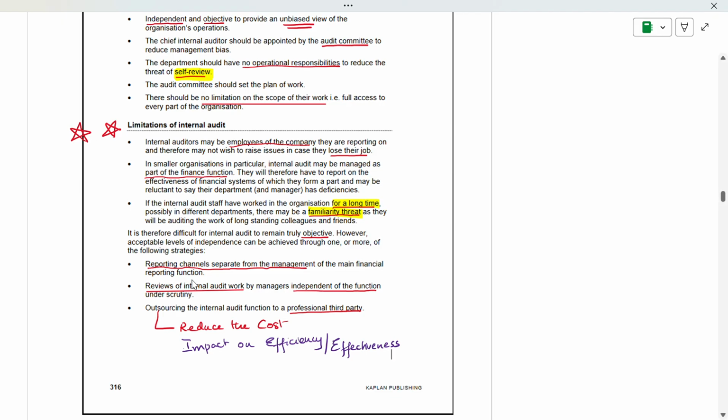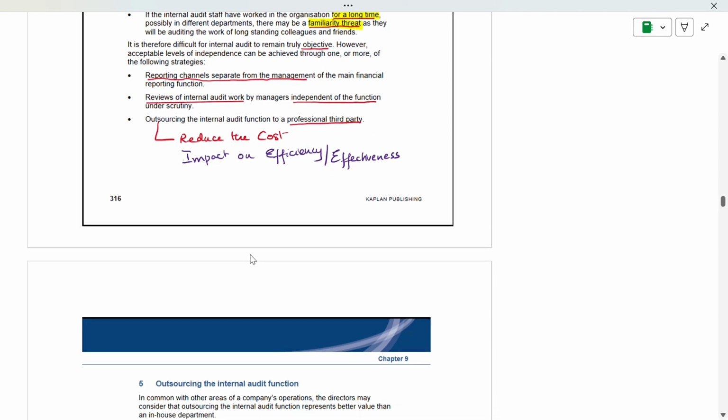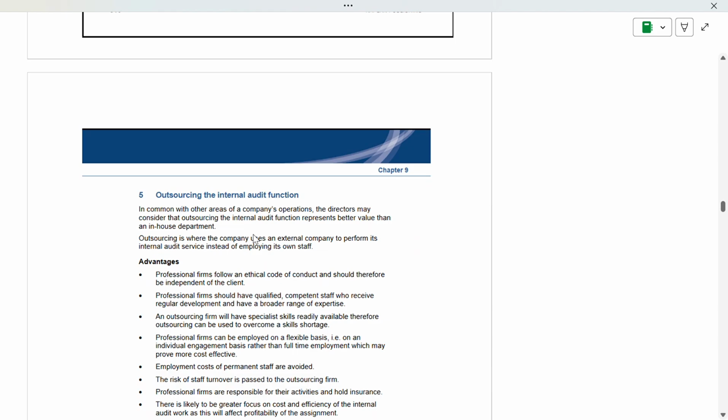See, I'm telling you, it is a very simple, very, very easy concept. If somebody says it's difficult, it's only when you outsource it. In common with other countries, company directors may consider outsourcing the internal audit. Again, outsourcing advantages, disadvantages.